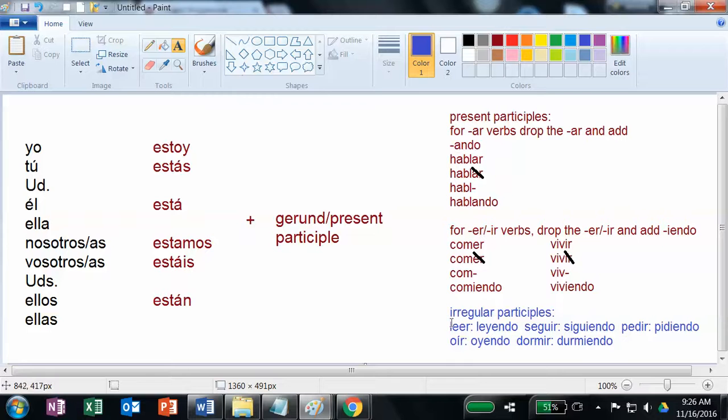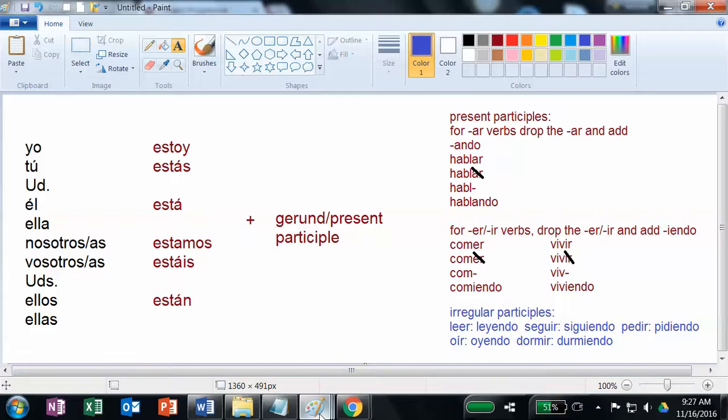And so leer, seguir, pedir, oír, and dormir are all irregular in the preterite tense. They're stem changing verbs. So you may see this come up again when we do the preterite, but for now you just need to memorize leer is leyendo, seguir, siguiendo, pedir, pidiendo, oír, oyendo, and dormir, durmiendo.